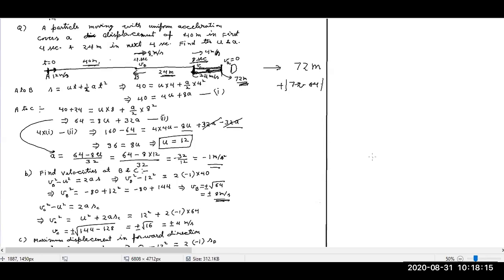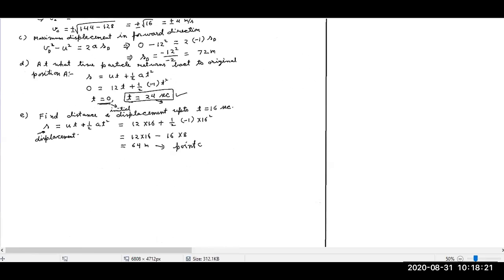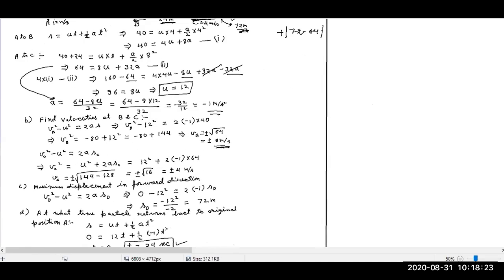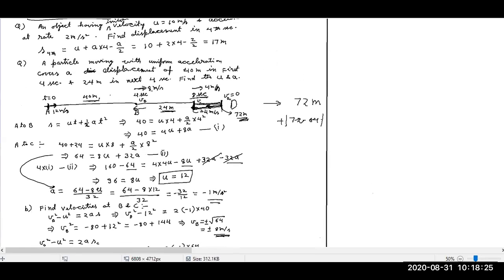So if we had been asked to find the distance traveled up to 8 seconds, then we could write directly 64 will be the displacement and 64 will be the distance as well. But it is asked for 16 seconds. So what is happening actually is after 8 seconds the particle is going forward to its maximum distance and then it is returning. So at 16 seconds it is again at point C.